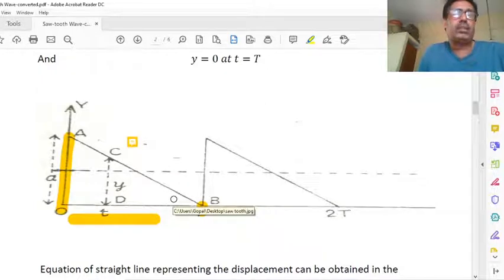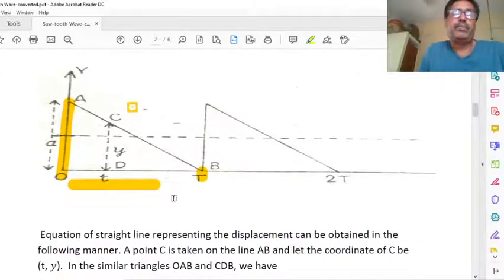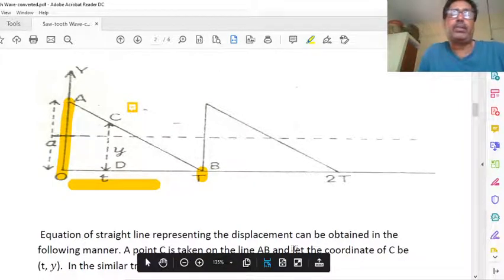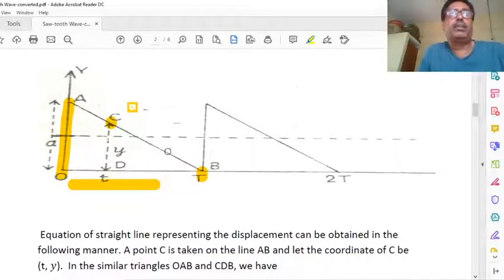So the equation of a straight line representing the displacement can be obtained in the following manner. How to proceed? See here. First we select any point on the line AB.